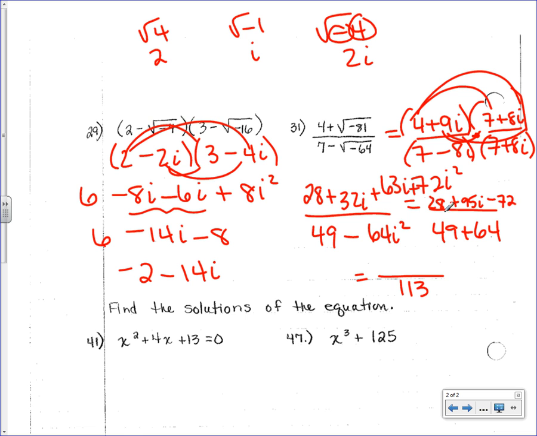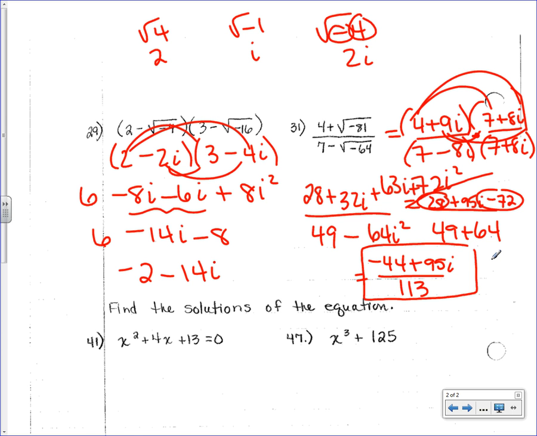So now I'm going to take the 28 minus the 72, and what do I get there? 28 minus 72, negative 44, plus 95i. Those all three are not divisible by anything, so I just kept it that way. Again, your book may pull it apart and say negative 44 over 113 plus 95 over 113i, but this is the same thing. I'm fine with that.